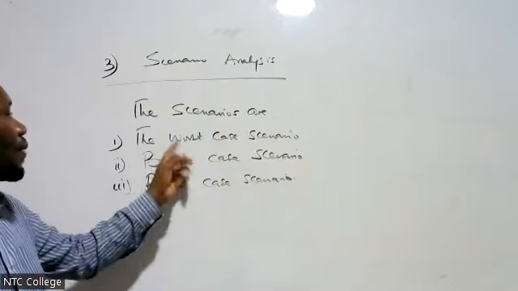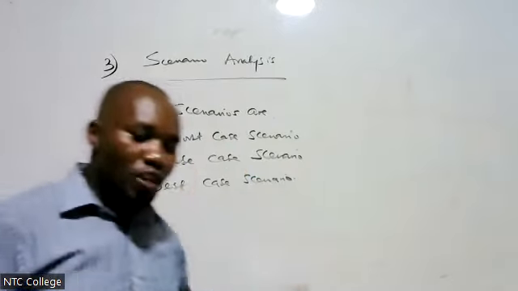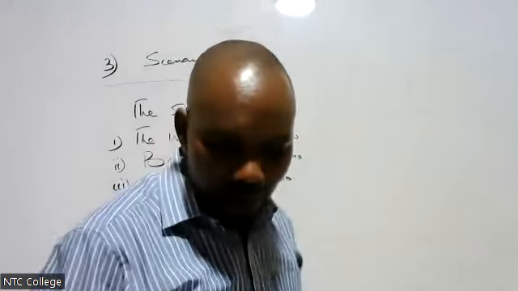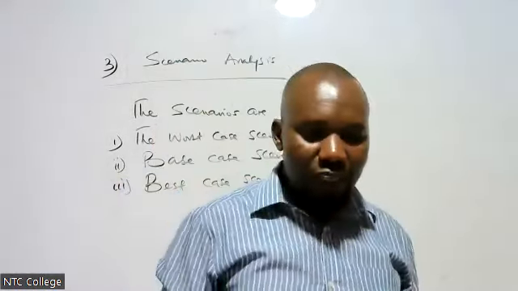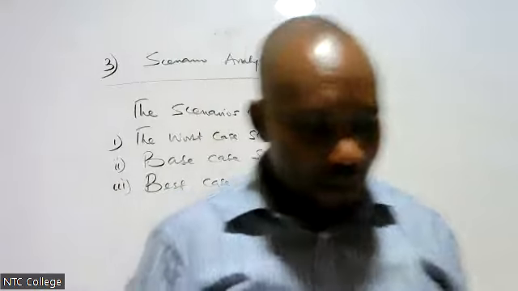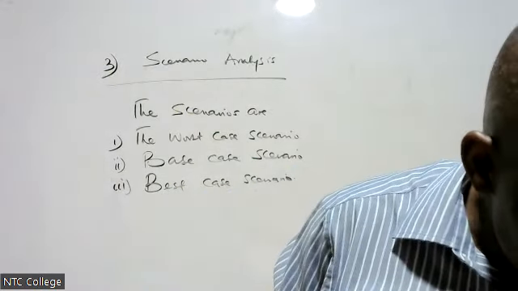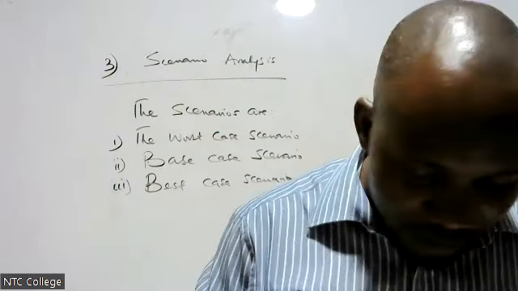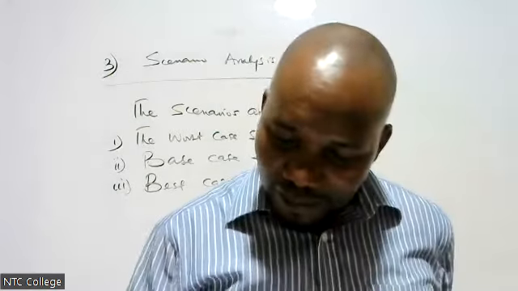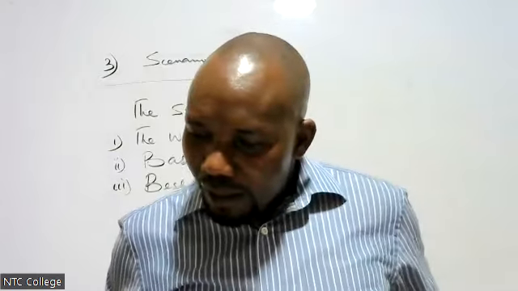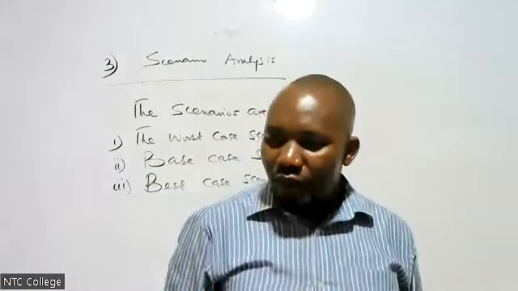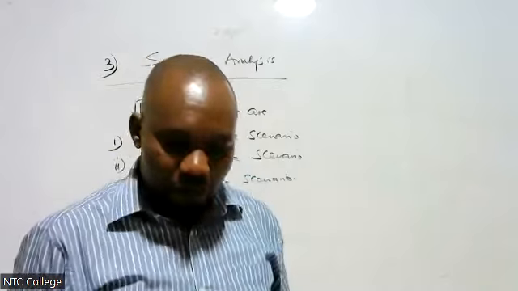The worst scenario is when things turn contrary to your expectation. So when you're investing and you're expecting next year's income to be higher, that is the good scenario, the best case scenario.